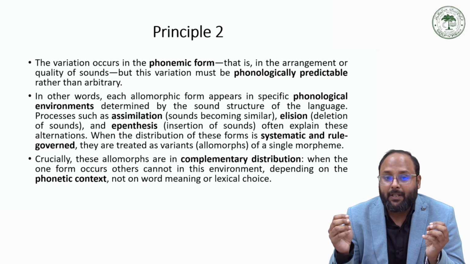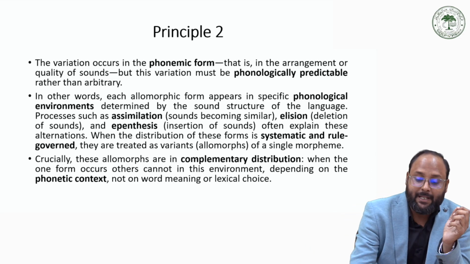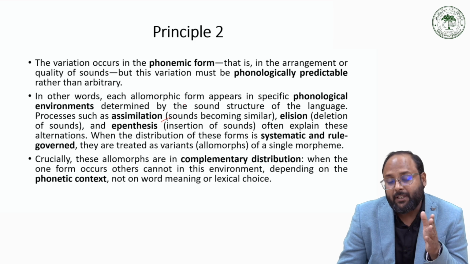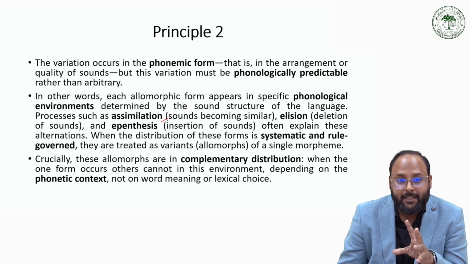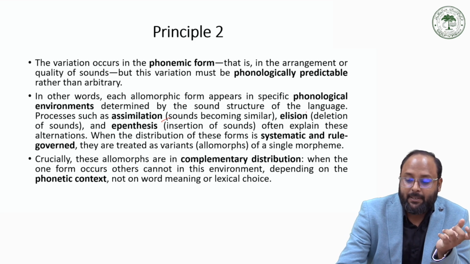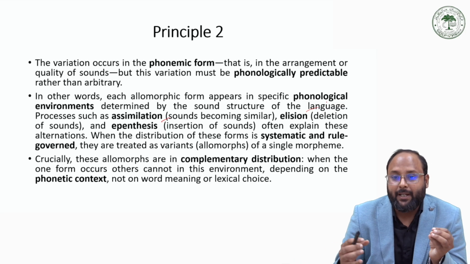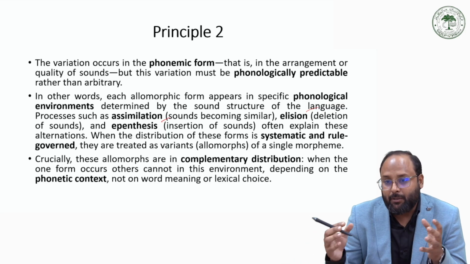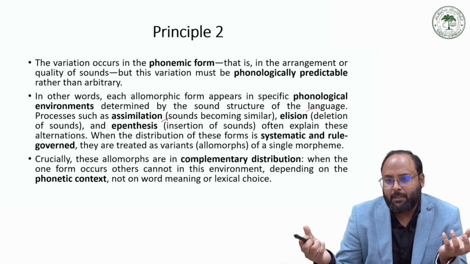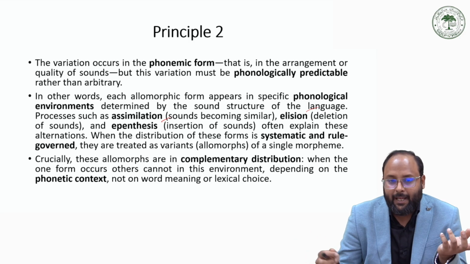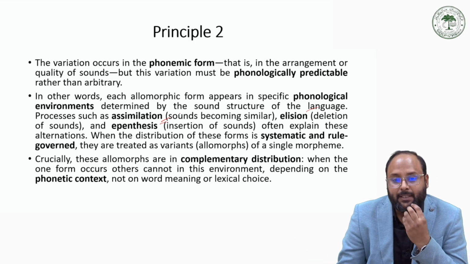Sometimes there is a change due to an assimilation process, where one sound changes because of the adjacent sound. Sometimes there is an elision process, a deletion, when we are joining a plural or past morpheme, so some sound might be deleted. And sometimes there is epenthesis.